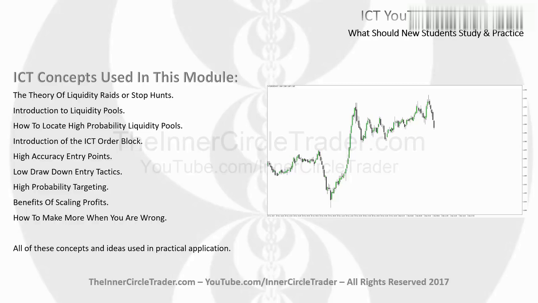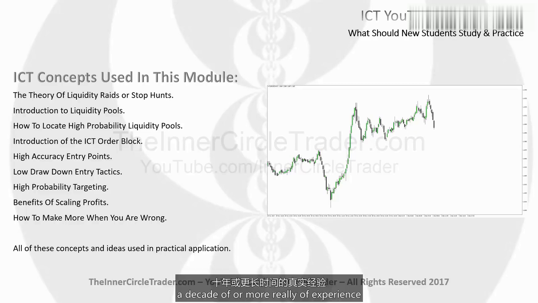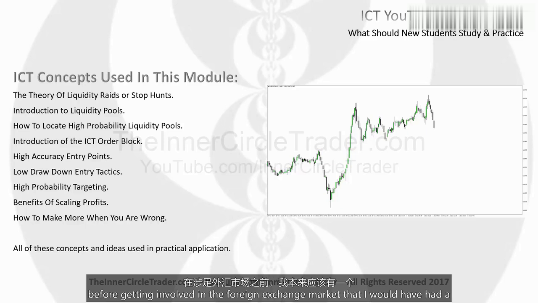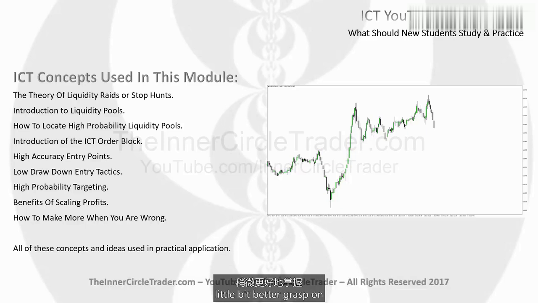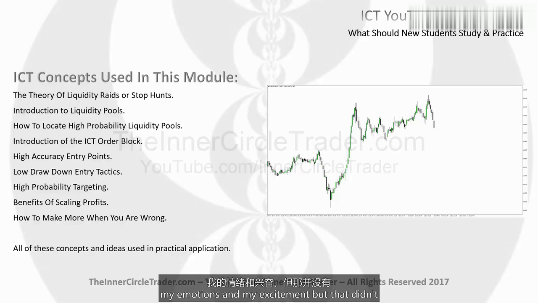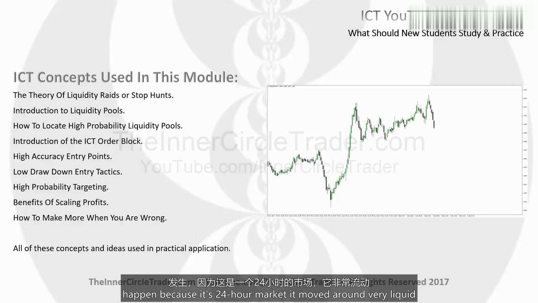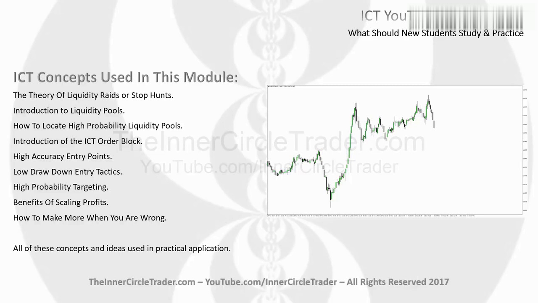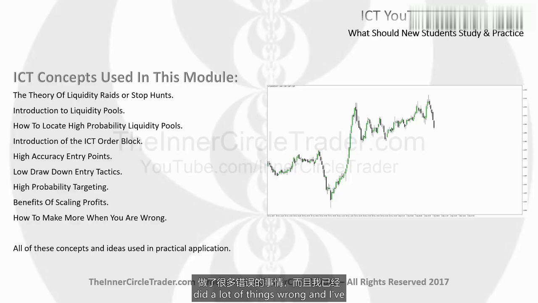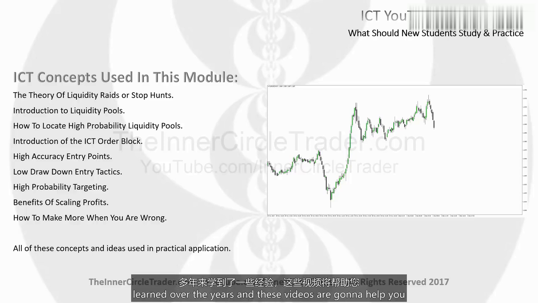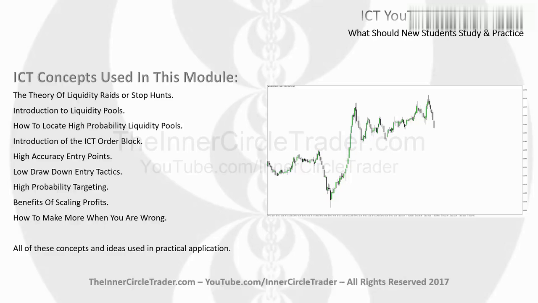You would think, having a decade or more of experience before getting involved in the foreign exchange market, that I would have had a better grasp on my emotions and excitement, but that didn't happen because it's a 24-hour market. It moved around, very liquid, and it was like a candy store for me. So I did a lot of things wrong, and I've learned over the years, and these videos are going to help you avoid a lot of those pitfalls.